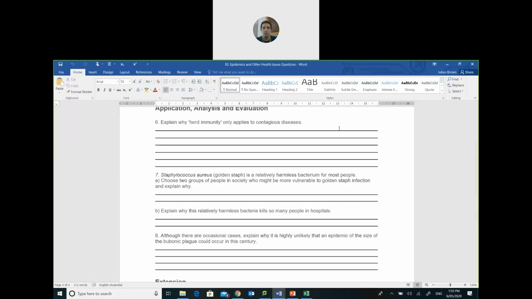Yeah, I agree with that. Any other ideas why hospitals might be somewhere where we may have issues? Yeah, potentially. In terms of golden staph itself, we're just talking in terms of bacteria. Why would these relatively harmless bacteria kill more people? Again, it comes back to antibiotic resistance a little bit.